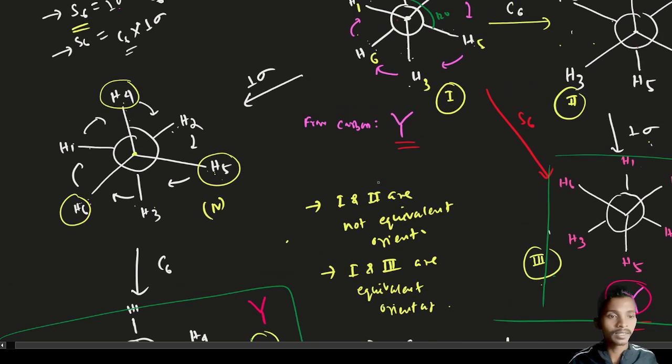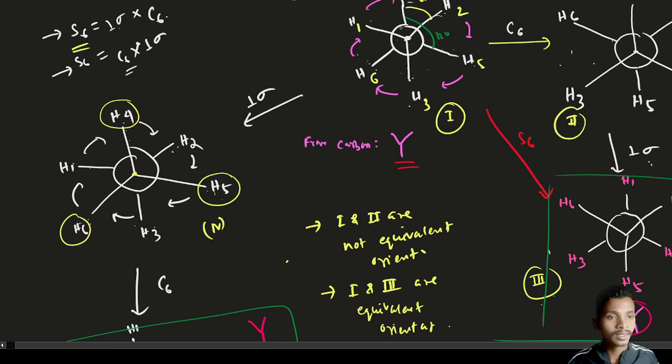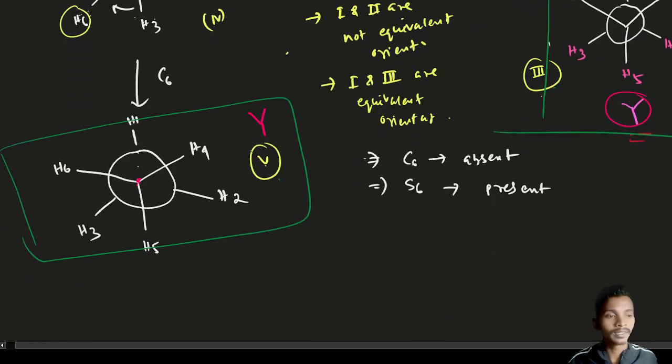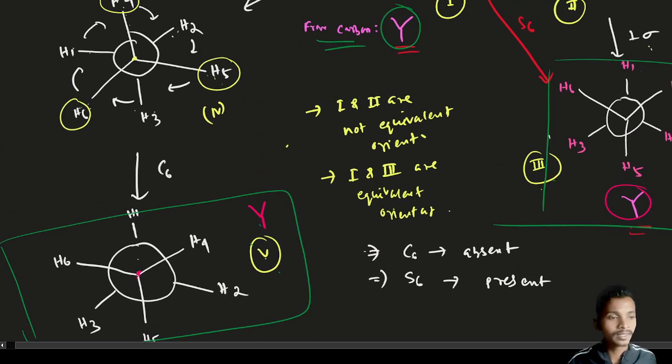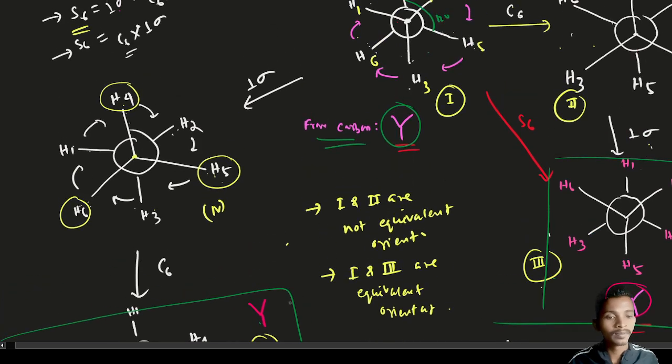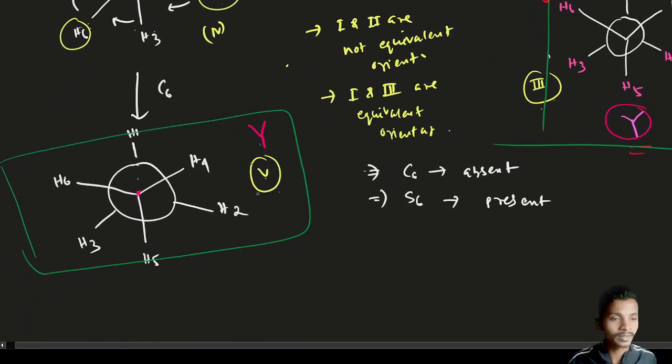And now the thing is that this front carbon is straight Y, this is also straight Y. It means that these 1 and B are equivalent orientations.